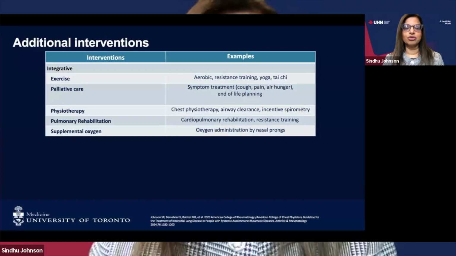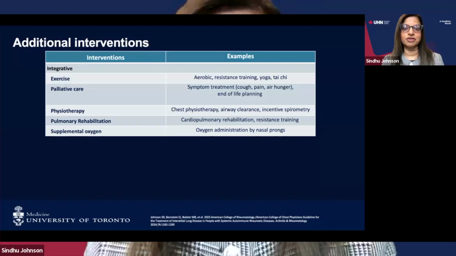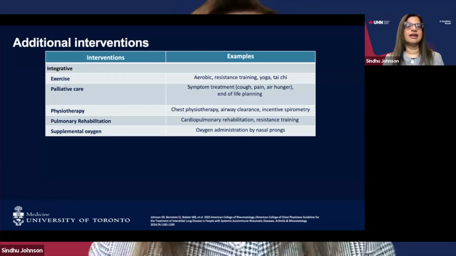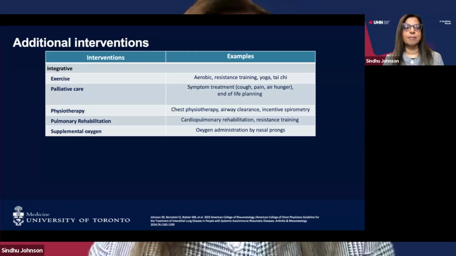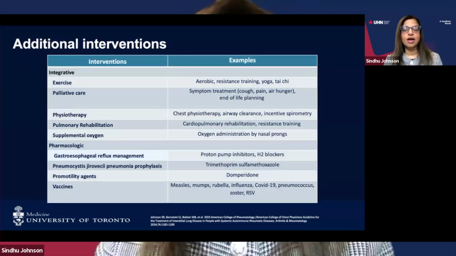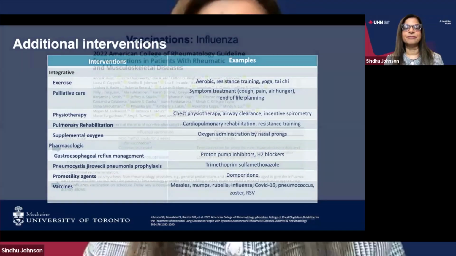There are additional tables that highlight other interventions that one might consider in the treatment of scleroderma-associated ILD, but were just beyond the scope of the guideline. This includes exercise, palliative care, physiotherapy, pulmonary rehabilitation, and supplemental oxygen.